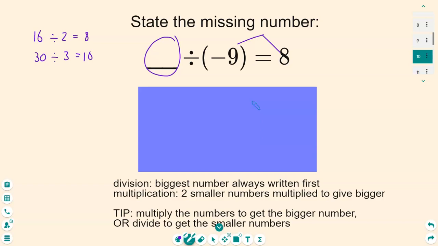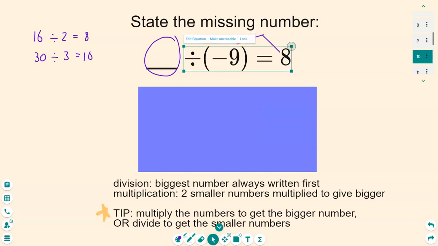So knowing that fact, how do we get a bigger number? We usually multiply. So that's that tip there. We multiply the numbers to get the bigger number. So that's a little fact that can help us with this.